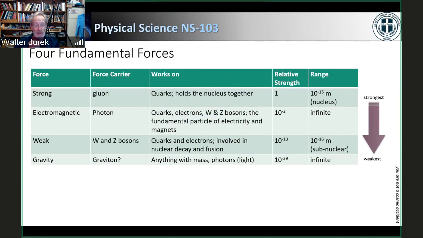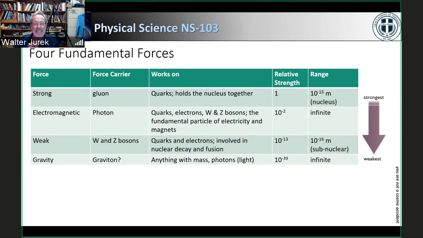The weak nuclear force, which is the third strongest, look at that column way to the right where it says relative strength, 10 to the minus 13. It's 11 times weaker than the electromagnetic force. And then finally, gravity.